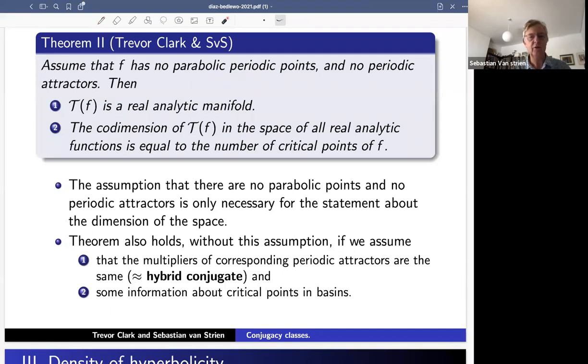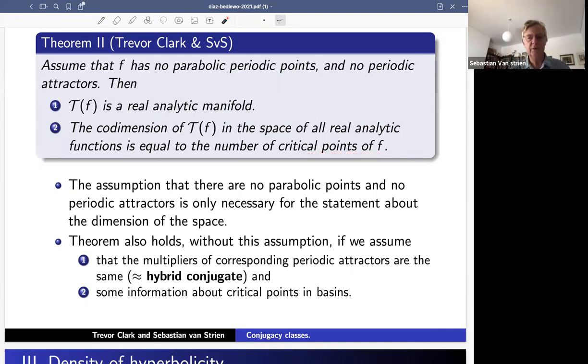I'll come back to attractors in a moment, but then in fact this whole conjugacy class is a real analytic manifold. And in fact, you know exactly what the dimension, or rather the codimension, of this infinite dimensional space is, namely equal to the number of critical points that you have.